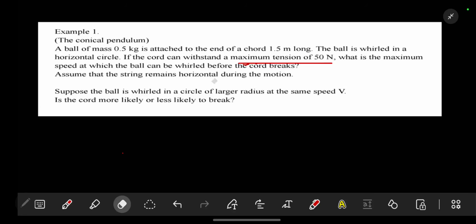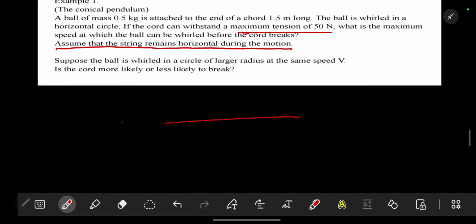Then this important information says, assume that the string remains horizontal during the motion. So it means, let's say, if we don't know how it is, but it can be like this. Now remember, for a conical pendulum, it looks like this. So this is not an ideal conical pendulum. It means to say the force is acting like that.